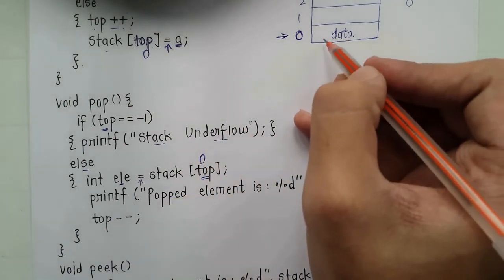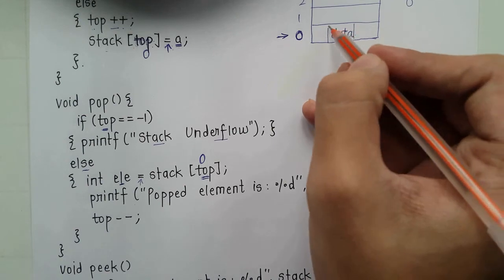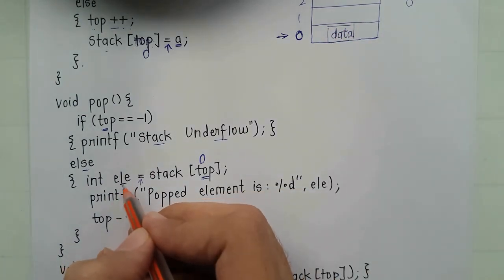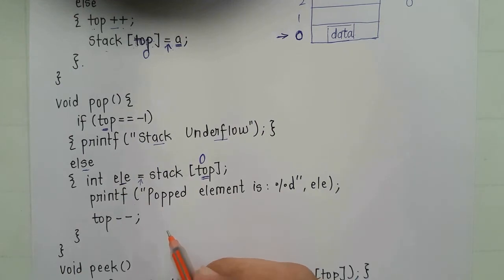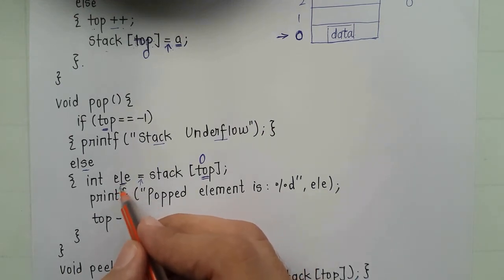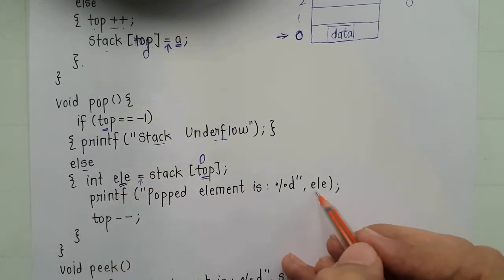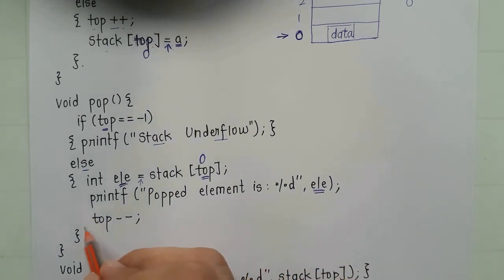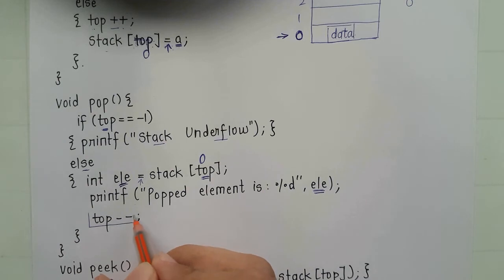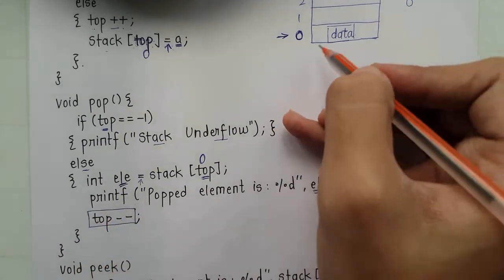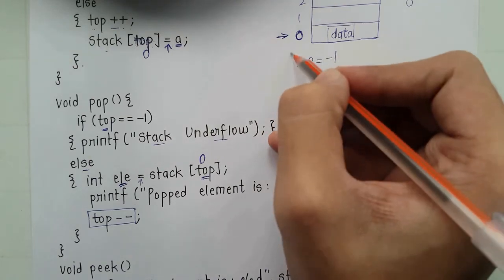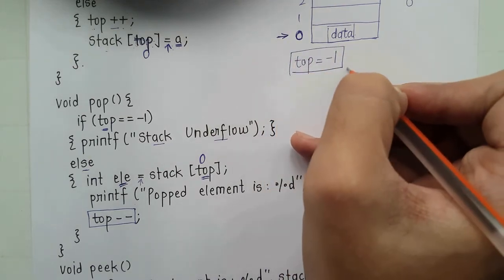So on the 0th index, whatever is the data would be assigned to the ele, and that popped element would be displayed using the printf statement, and after displaying that, our top would be decremented. That is, again our top would be minus 1 and our stack would be empty.